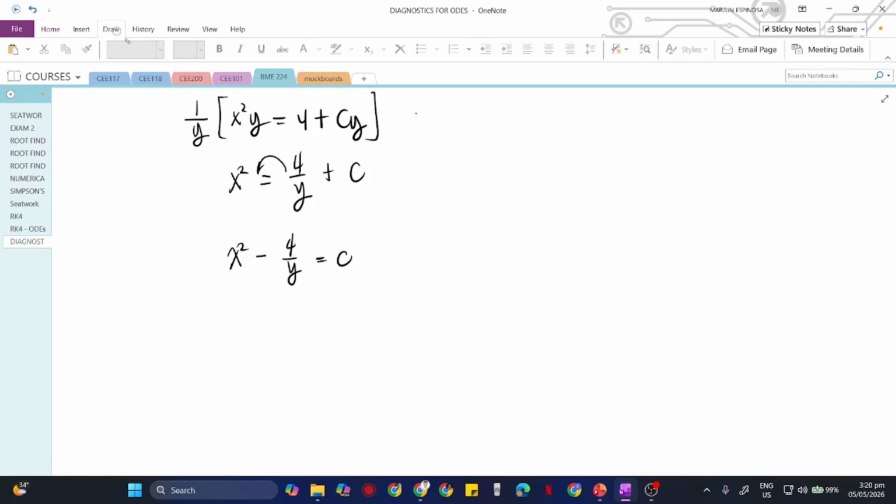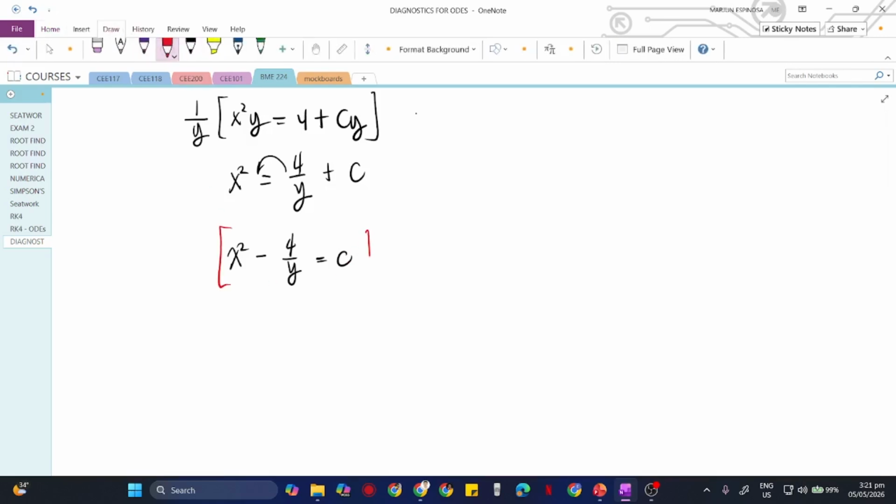And then that is the time we can take the derivative with respect to x. Therefore we have 2x, dx over dx, which is equivalent to 1. This one, we can bring the y up.